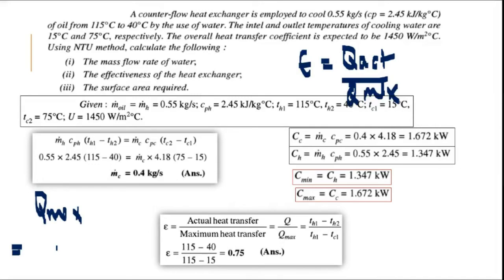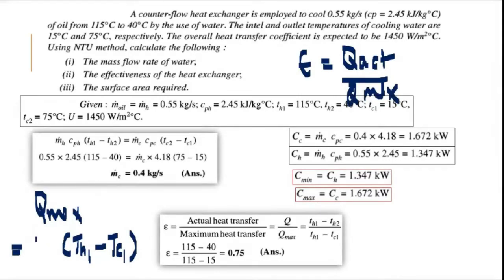TH1 minus TC1. The hot water which is entering, its temperature can drop up till TC1. The cold water which is entering, its temperature can rise up till TH1. So TH1 minus TC1 is the maximum temperature difference possible, multiplied by one heat capacity.